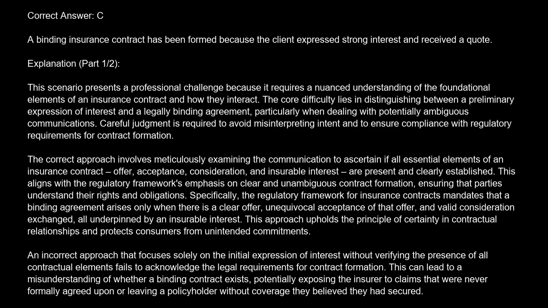Specifically, the regulatory framework for insurance contracts mandates that a binding agreement arises only when there is a clear offer, unequivocal acceptance of that offer, and valid consideration exchanged, all underpinned by an insurable interest. This approach upholds the principle of certainty in contractual relationships and protects consumers from unintended commitments.